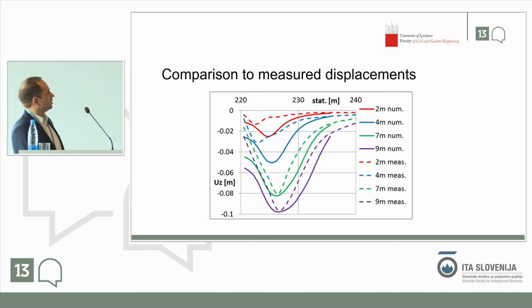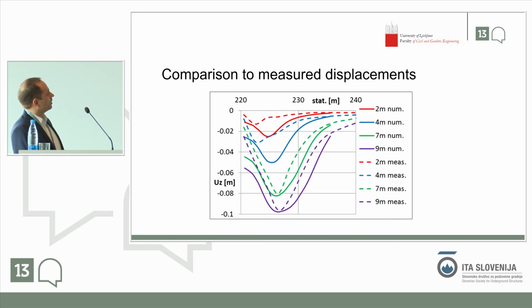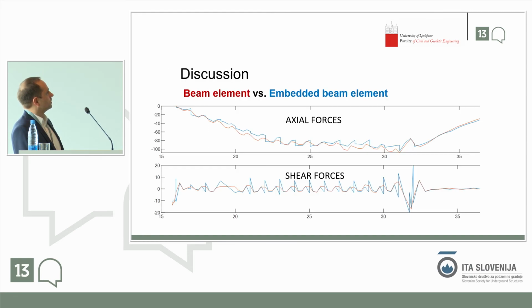We took the results of laboratory testing from that time and ran the calculation, and we discovered quite good agreement with the actual measured displacements. This showed that our model can give a very good comparison to actual states in nature.